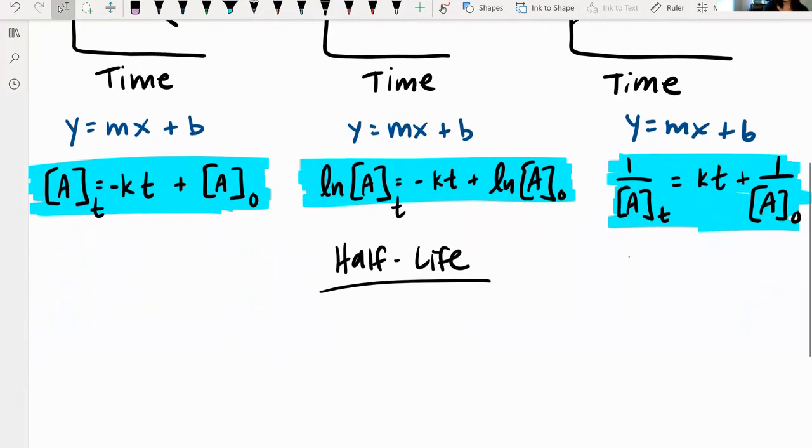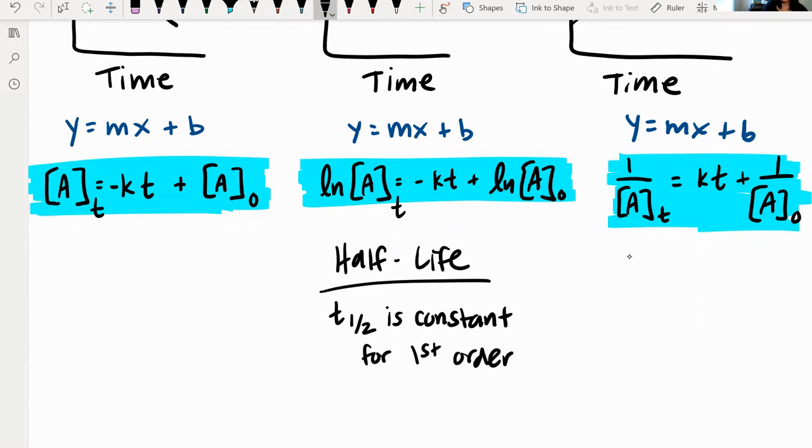Half-life is abbreviated as T1 half. And this is constant for first order. This is the only half-life we have to concern ourselves with in this class.